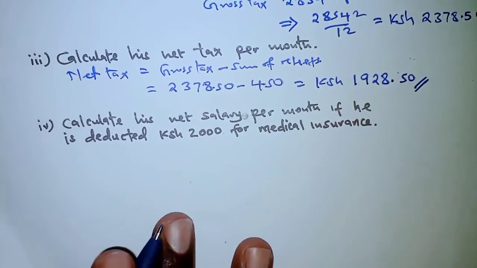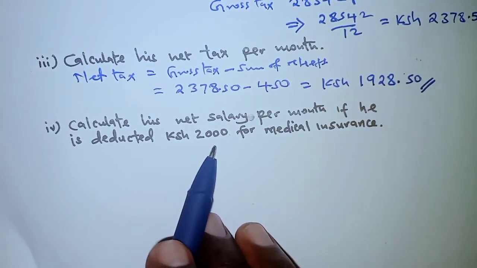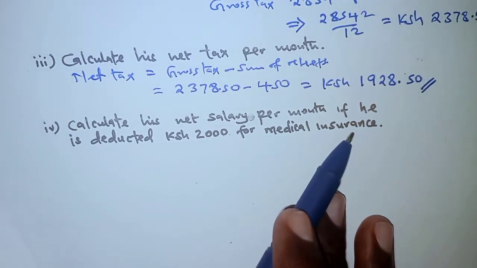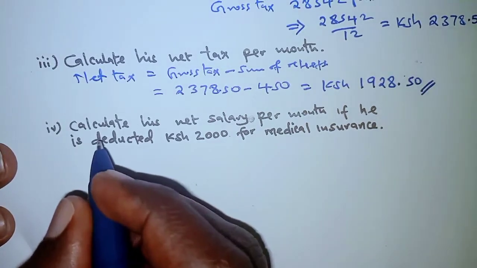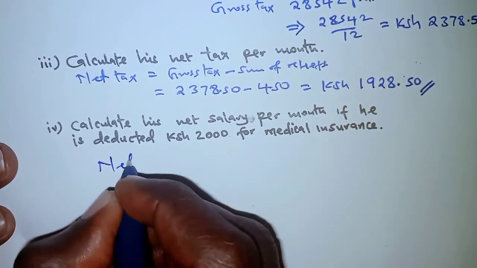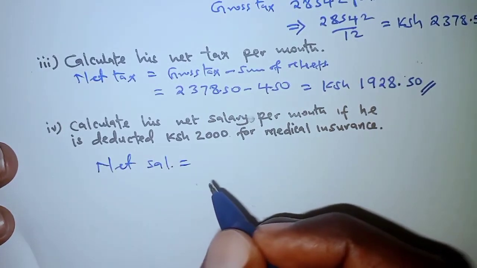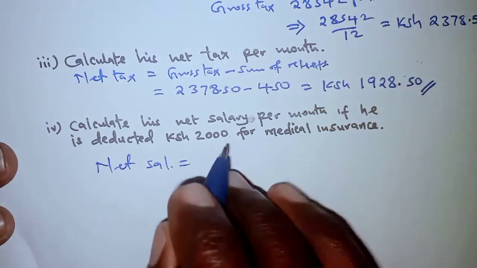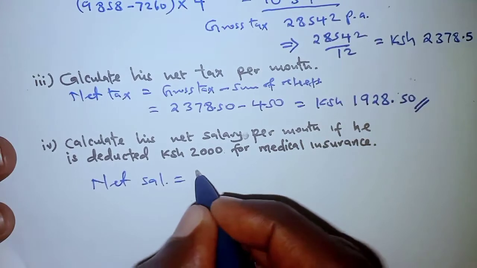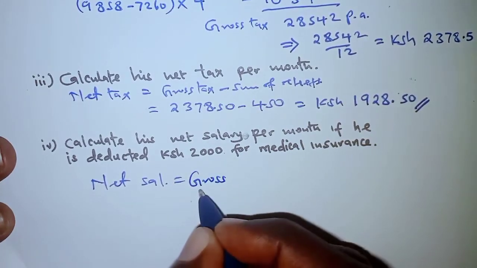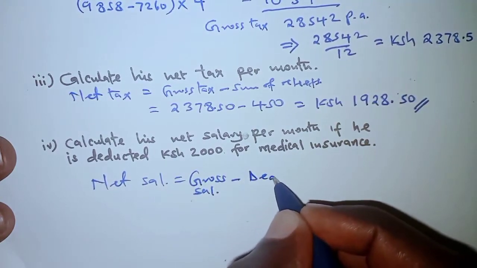Finally, we are required to calculate his net salary per month if he is deducted 2,000 shillings for medical insurance. So what we are going to have here is the net salary. When calculating the net salary, we will strictly have the gross salary minus all the deductions.